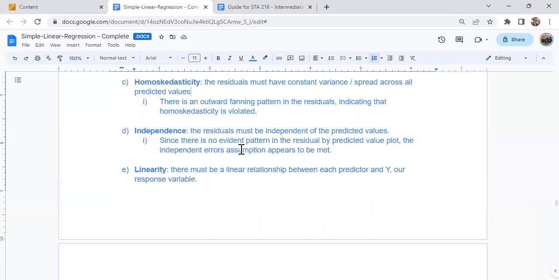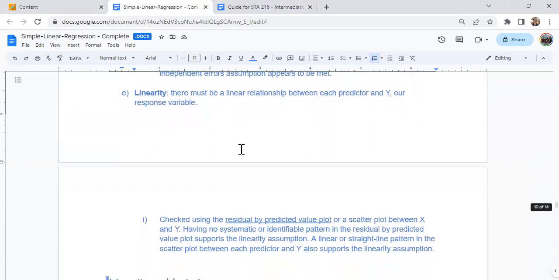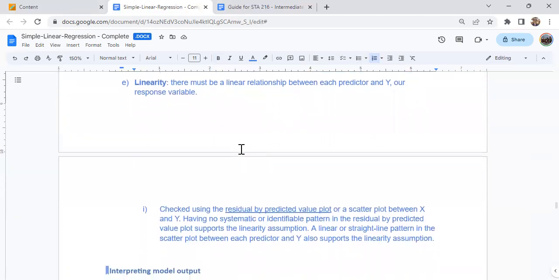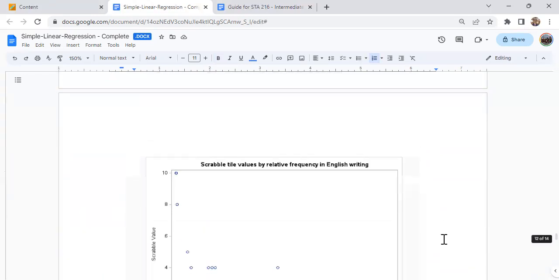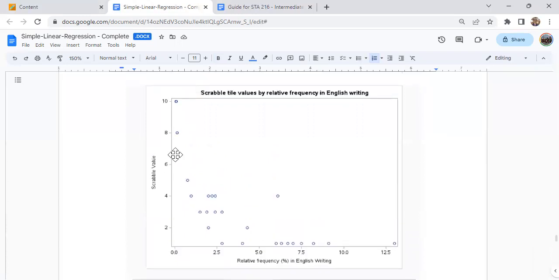Then lastly, we also need that there is a linear, straight line relationship between X and Y, which in my opinion, the best way to check is to just look at a scatter plot of X and Y. So right here, can you just imagine a straight line going through it? Does that get at the general trend in the points pretty well or not? Here it does not, I don't think.